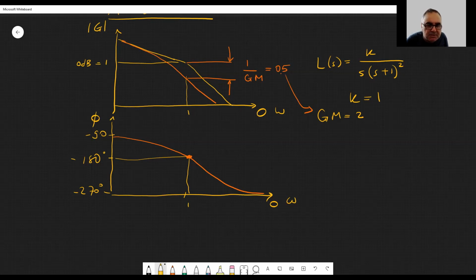And the phase margin, when you look at the gain, when the gain crosses this one, you go here, and this distance will be the phase margin, which is like 2 degrees or something like this.